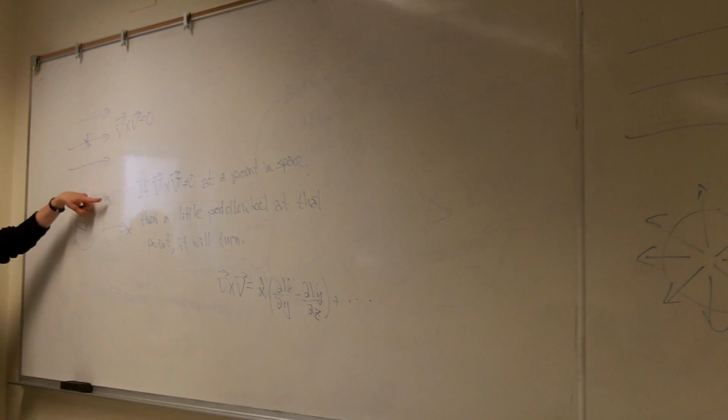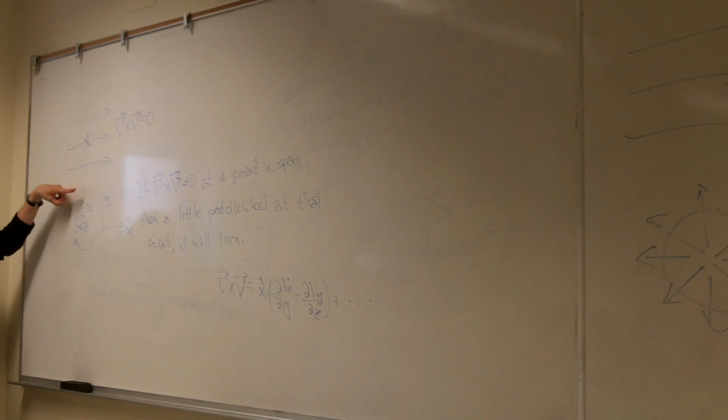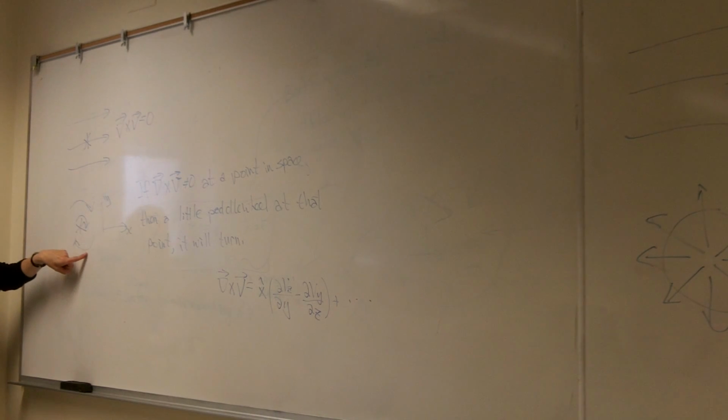The x component of the velocity of the fluid is going to depend on my y and z positions. The x component of the fluid flow here is not the same as what it is down here. Those two positions are different y coordinates, so obviously v sub x depends on y.